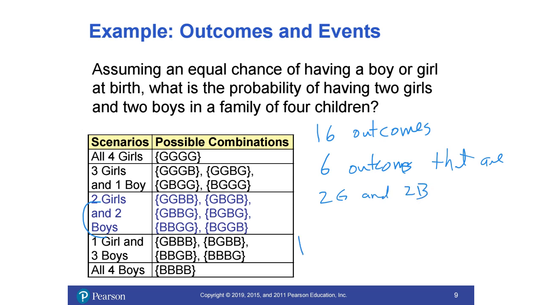So that tells us the probability of having 2 girls is 6, because that's how many outcomes there are in the event, divided by 16, the total number of outcomes, which is 0.357.